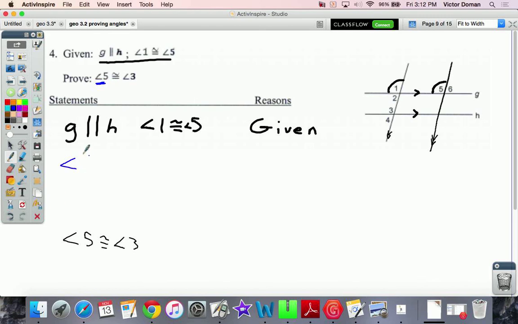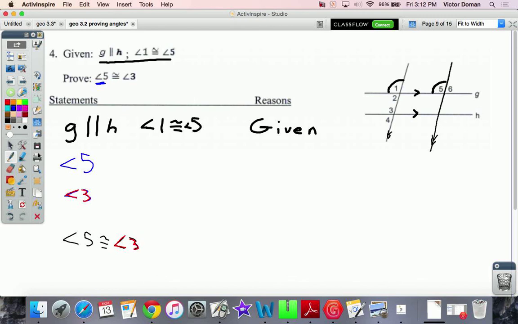So I need to come up with some sort of congruence theorem that involves angle 5. I'm also going to have to come up with a congruence theorem that involves angle 3. Why? Because there's no way to get from 5 to 3 without first introducing them.